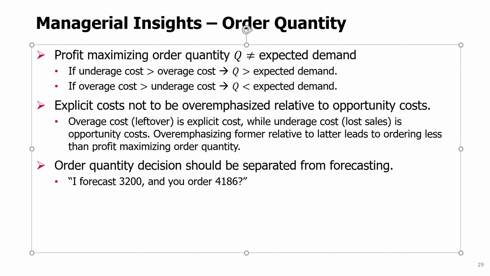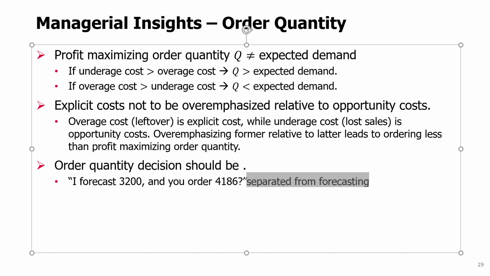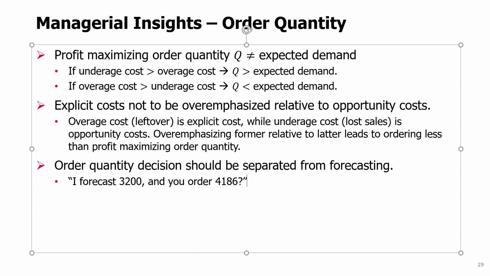And the final thing about the order quantity: you have to separate it from forecasting. In other words, you don't want to even have a discussion or let the marketing know that we decided to order 4,186 units, because they would say, what are you thinking? You don't trust our forecasts. We forecasted 3,200 and you order 4,186. What's wrong with you?